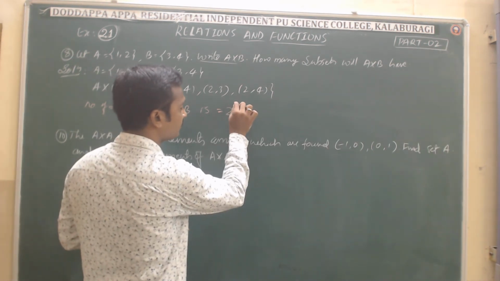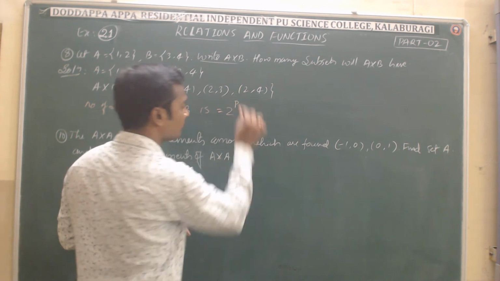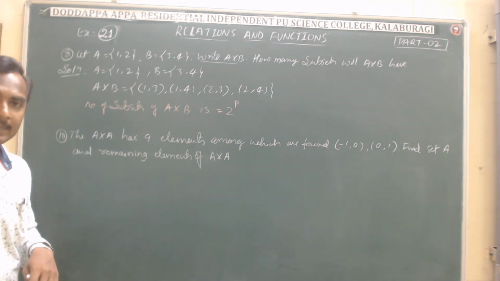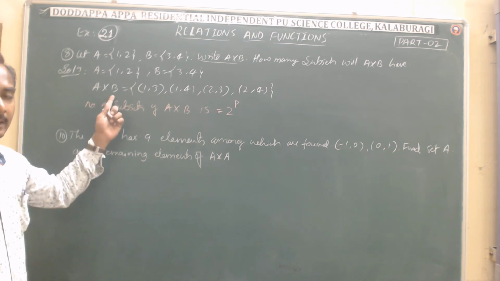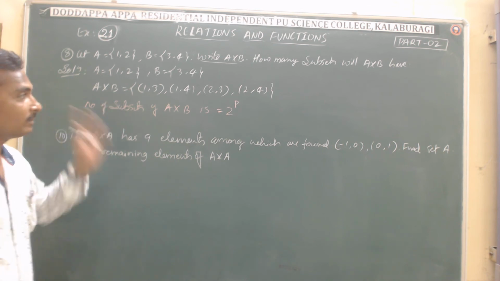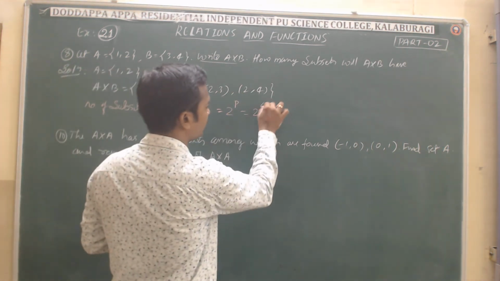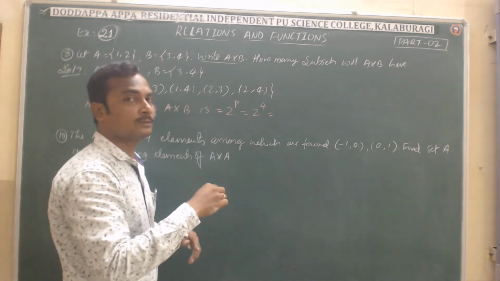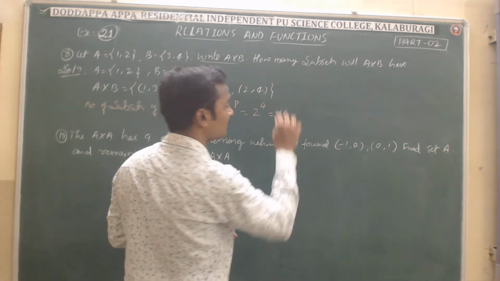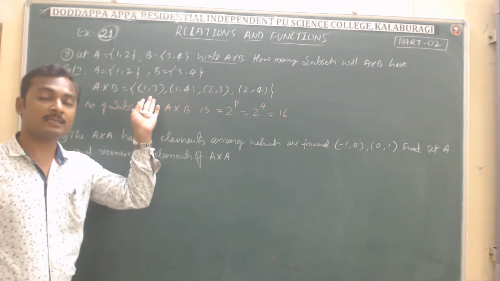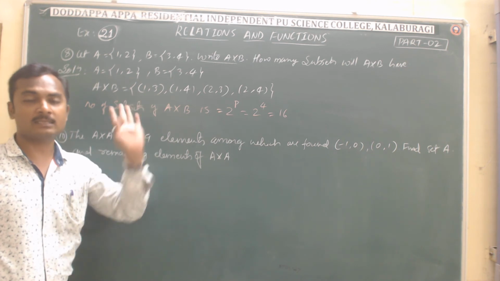So I can write p here, where p is the number of elements of the Cartesian product A cross B. The total number of elements is 1, 2, 3, 4. So 2 to the power 4 equals 16. There are 16 subsets possible for this A cross B.